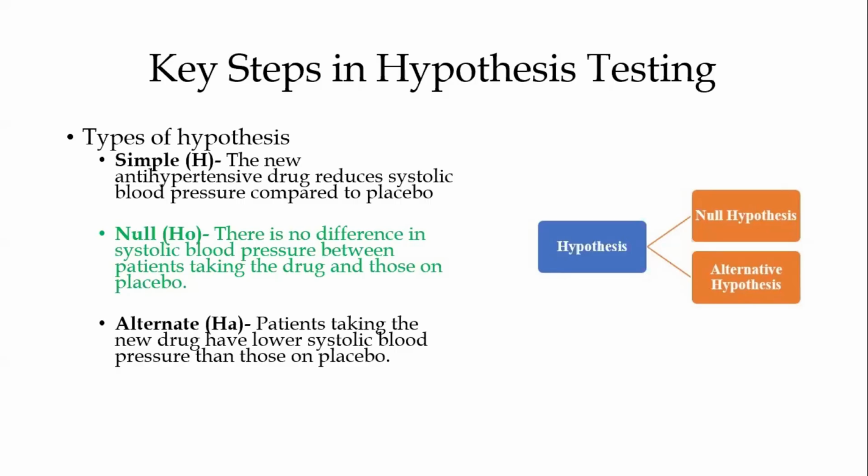So we started with a research topic, research question. Now you have a null hypothesis that you've formulated and you've stated it in that manner. At the end of it all, the aim of hypothesis testing is to either reject that null hypothesis or fail to reject that null hypothesis.